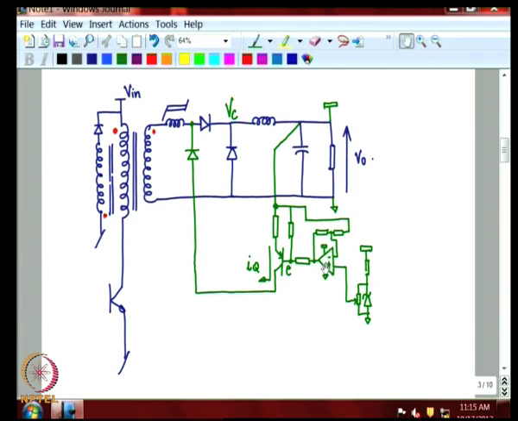There is an inverting OpAmp which is powered from the V0 plus and V0 ground. This is V0 plus, V0 ground. The positive input of the OpAmp is given from a Zener.